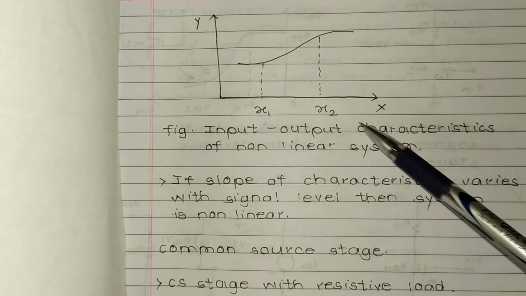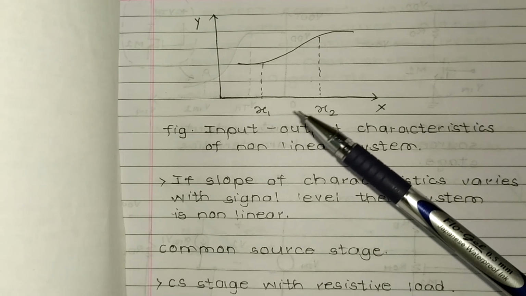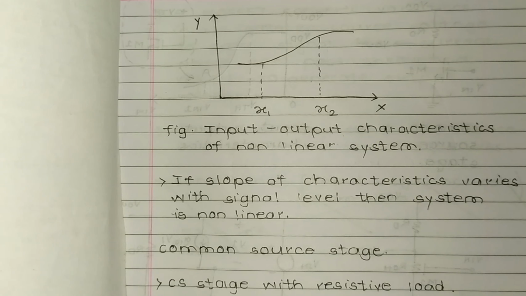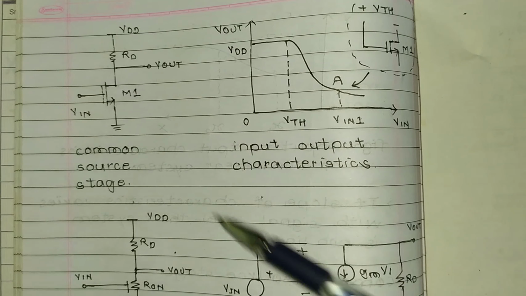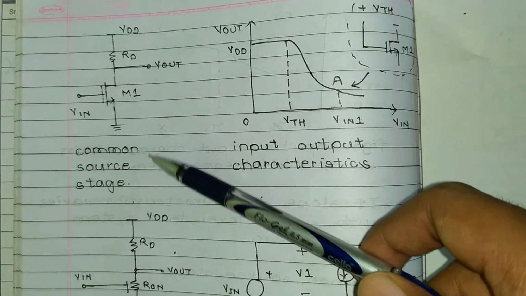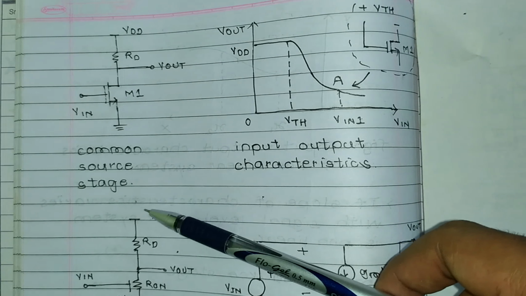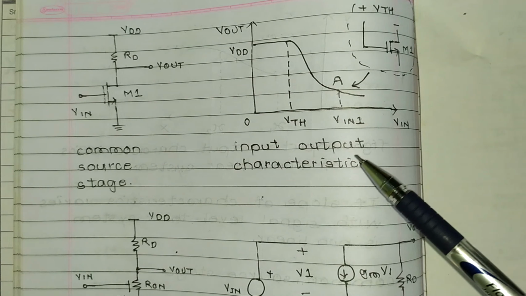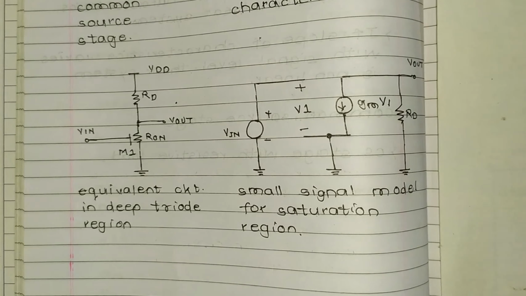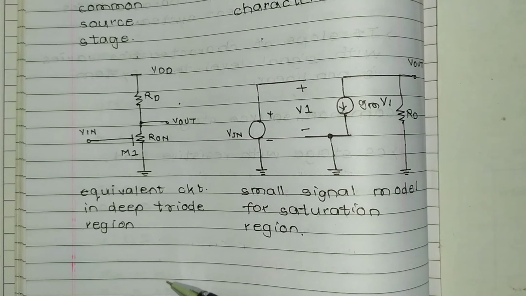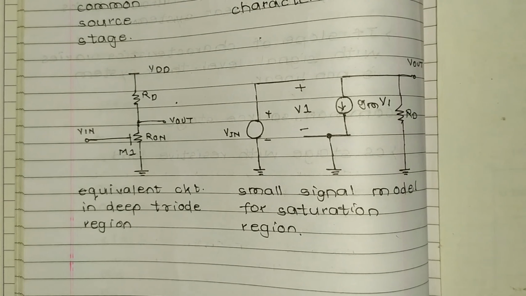Then these are the circuit for the common source stage, the graph for the IO characteristics, the equivalent circuit in the deep triode region, and the small signal model for the saturation region. We will see these figures in the discussion.